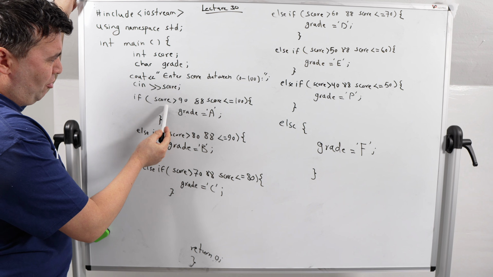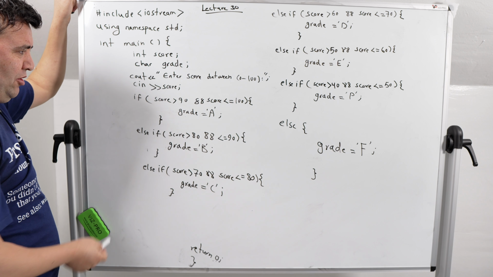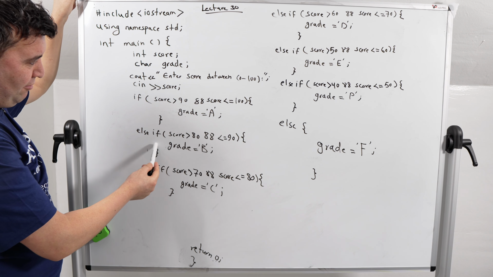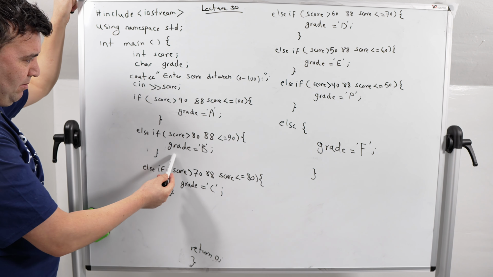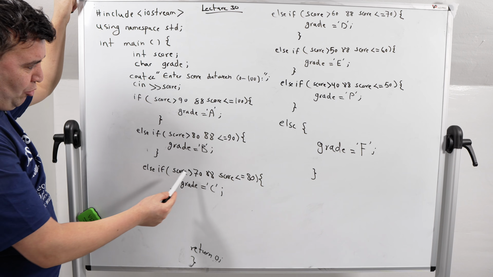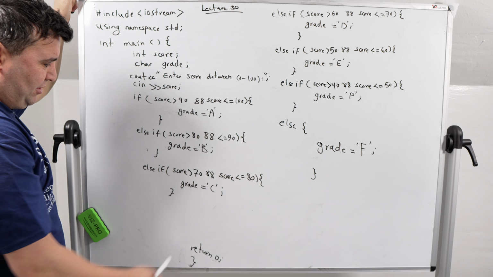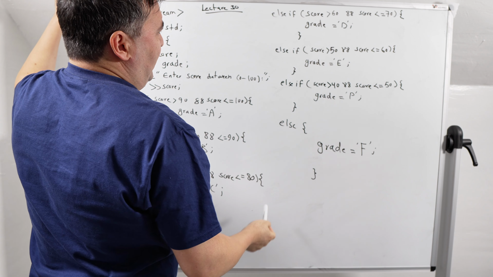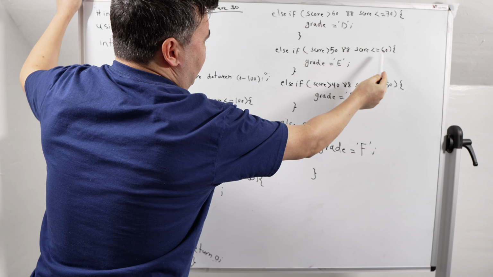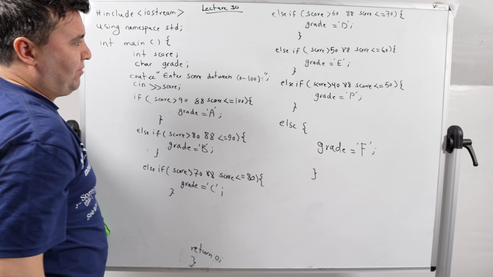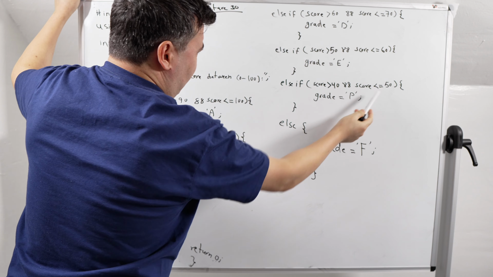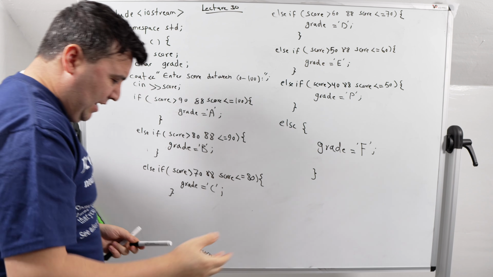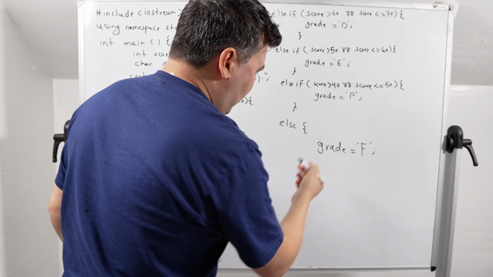And then we check if the score is between 90 and 100, so grade becomes A. And then if the score is between 80 and 90, the grade becomes B. And if the score is between 70 and 80, the grade becomes C. And if the score is between 60 and 70, grade becomes D. If the score is between 50 and 60, the grade becomes E. And if the score is between 40 and 50, the grade becomes P, for pass. Else, grade becomes F.